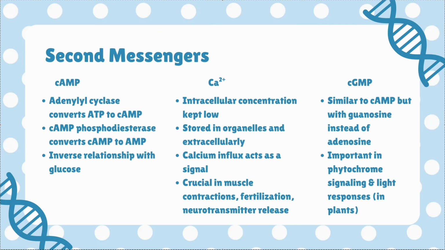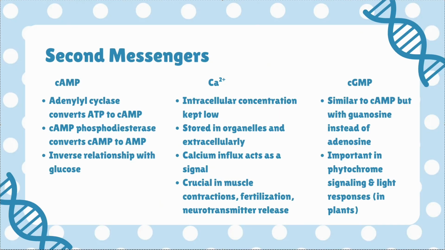So for cyclic AMP, adenylyl cyclase converts ATP to cyclic AMP. Oh, and by the way, AMP stands for adenosine monophosphate. And cyclic AMP phosphodiesterase converts the active cyclic AMP back into just AMP, which is the deactive form.